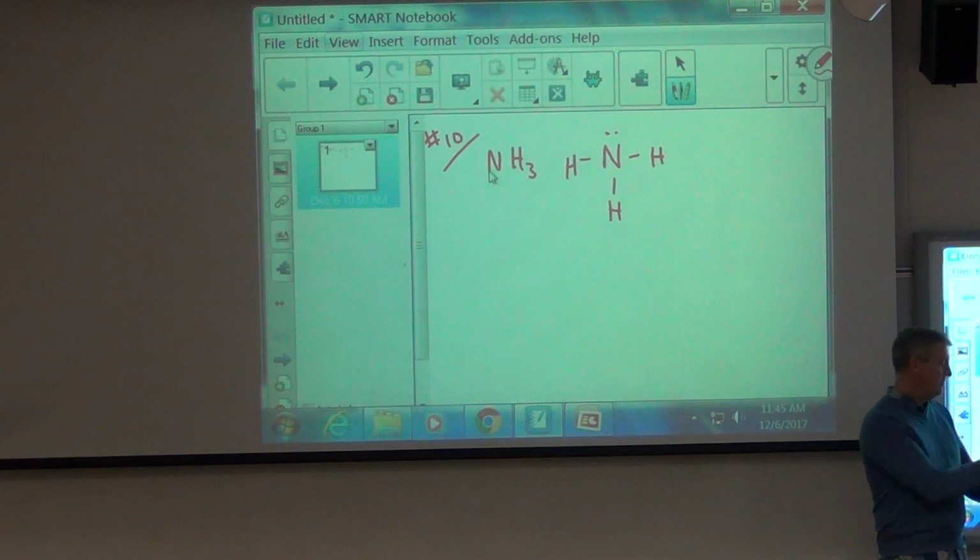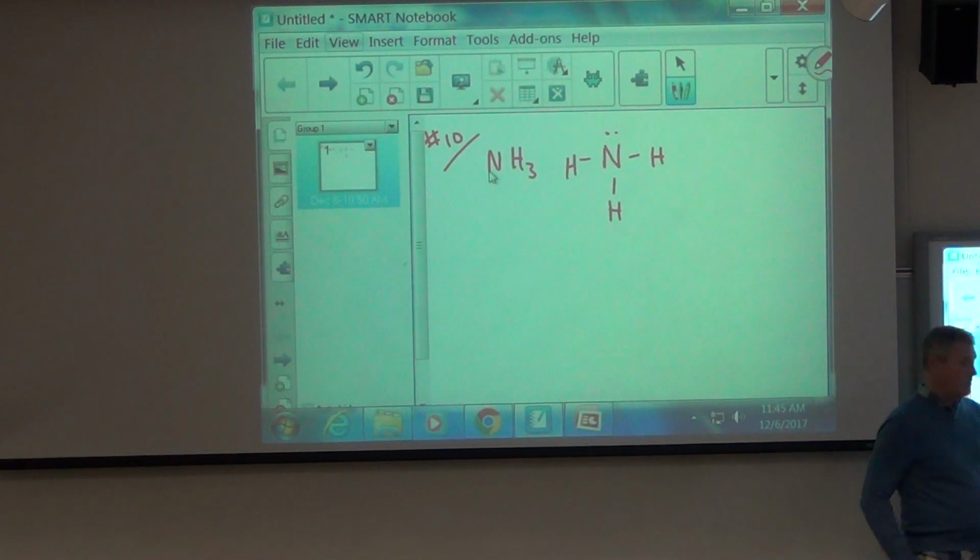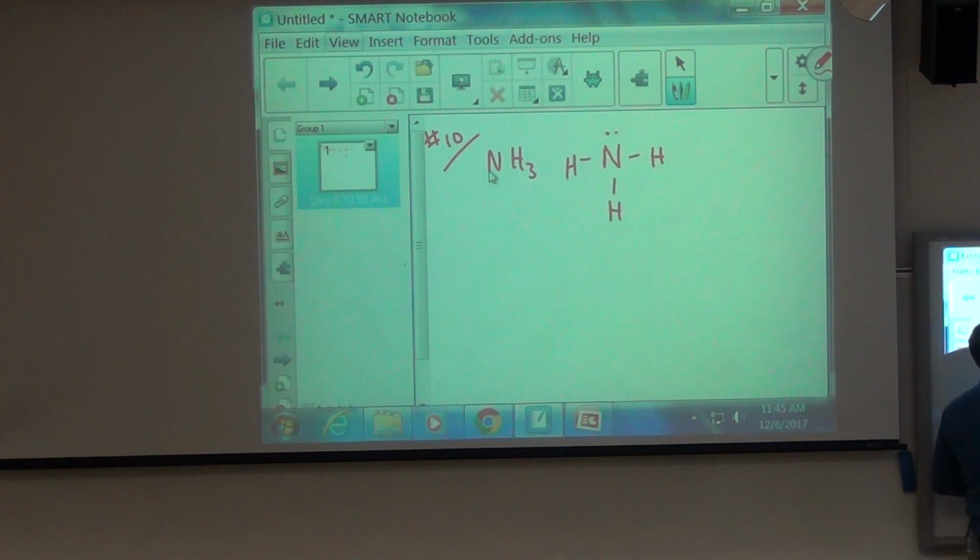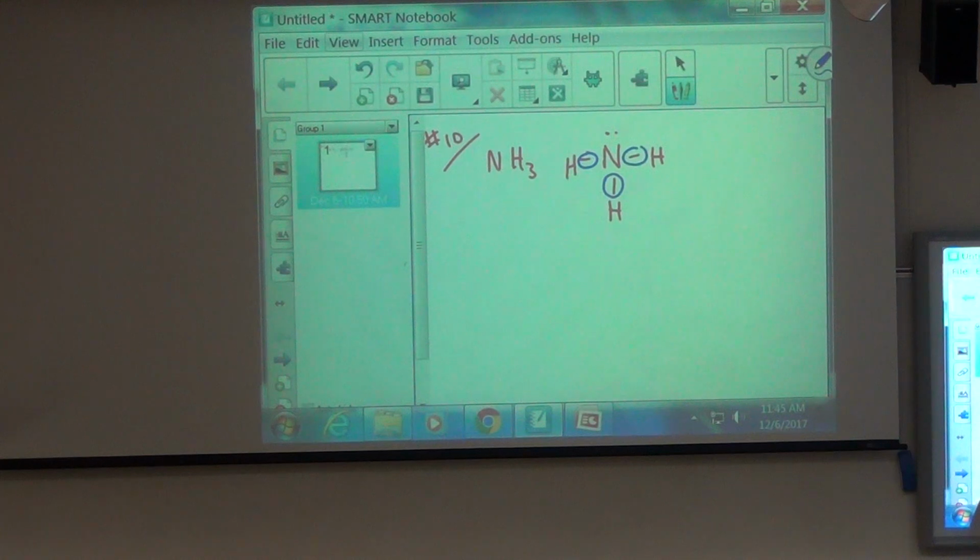So we're telling you what the molecule is. You're going to sketch that Lewis structure. You don't have to do this, but I'm going to do it at least once here just to reinforce that these are the 4 electron clouds.